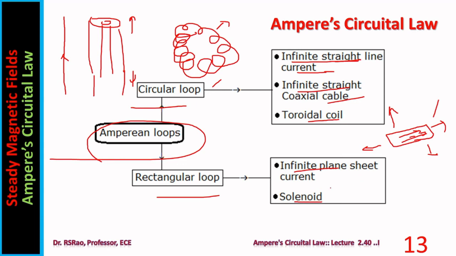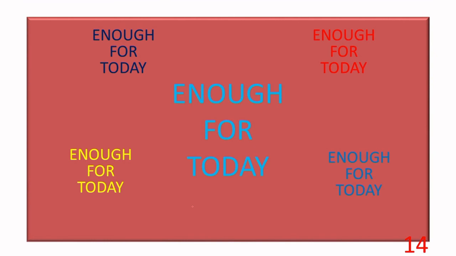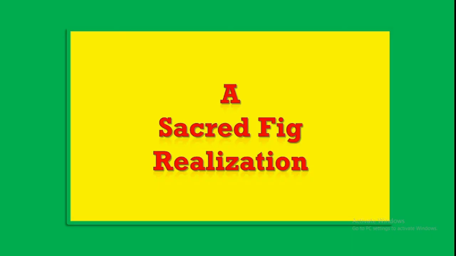Then what is a solenoid? Take a wire and wind it like this, then that is a solenoid. Notice the similarity or connection between solenoidal and toroidal. A toroid comes into being when one end of a solenoid is connected to its other end. This is what I want to share with you regarding Ampere's circuital law.